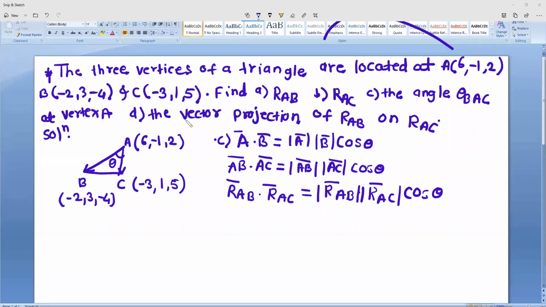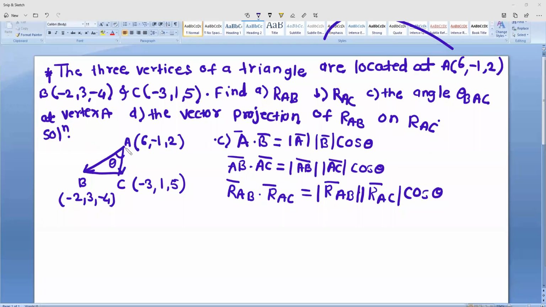Now we know the dot product of two vectors. When we consider the dot product of vectors A bar and B bar, then A bar dot B bar is equal to mod of A bar into mod of B bar into cos theta, right? Now here we have to find cos theta, but the angle is BAC.